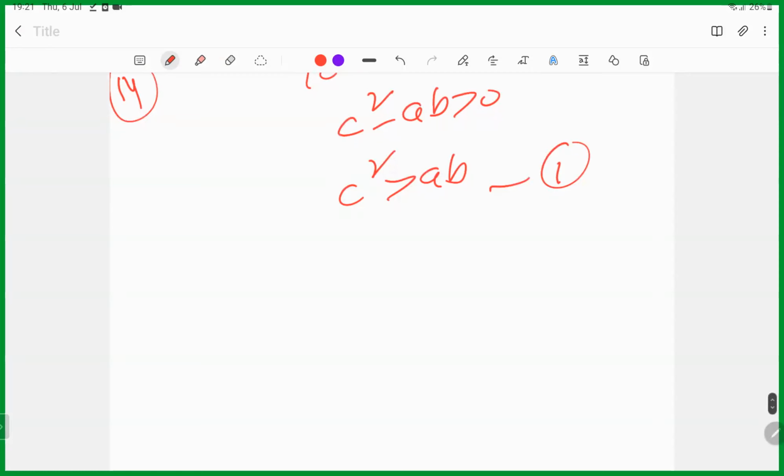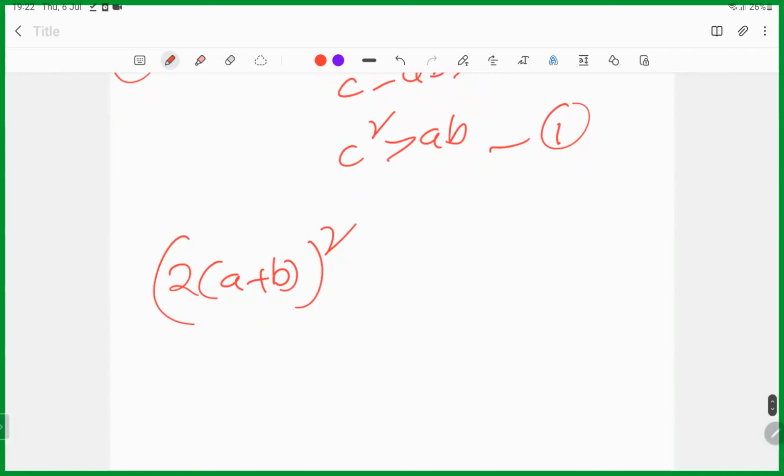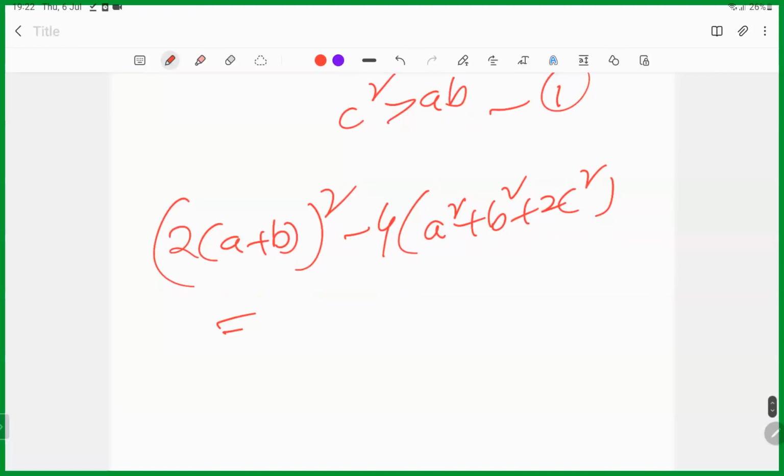Now take b square minus 4ac again in the second one. What's the b square value? 2 into a plus b whole square, right? This is the b square value. 4ac is minus 4 into a square plus b square plus 2c square. This is the b square minus 4ac value, and we need to show that it's less than 0.